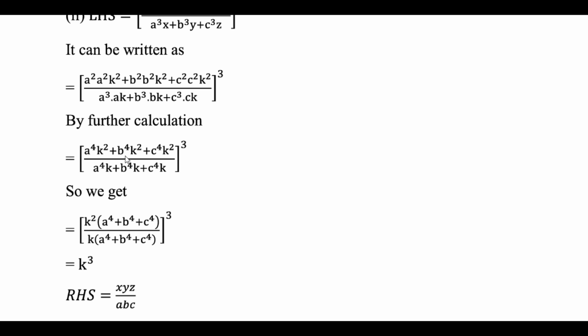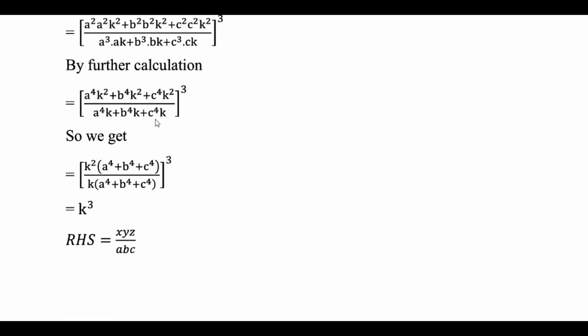After further calculation, you will get a to the power 4 k square plus b to the power 4 k square plus c to the power 4 k square, and in the denominator part a to the power 4 into k plus b to the power 4 into k plus c to the power 4 into k, all to the power cube.